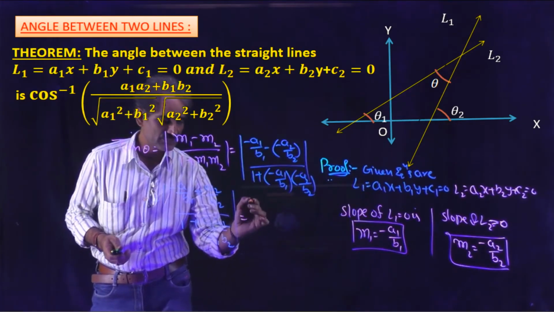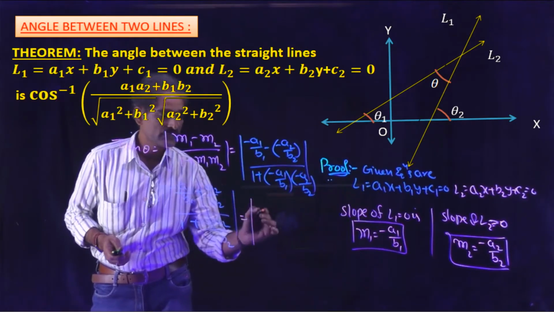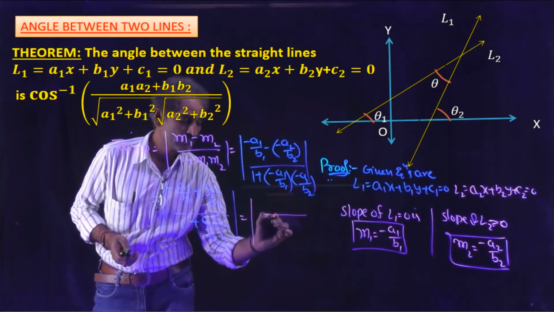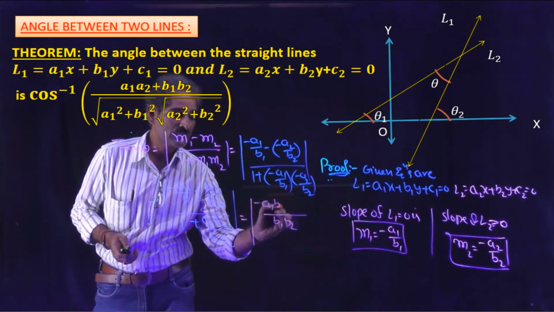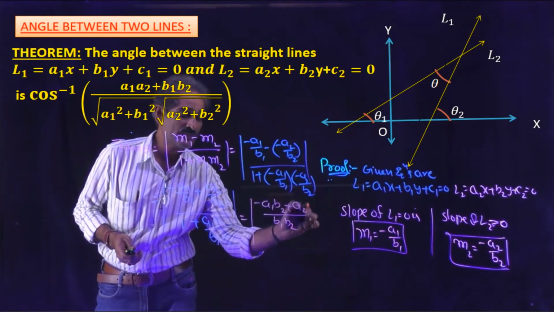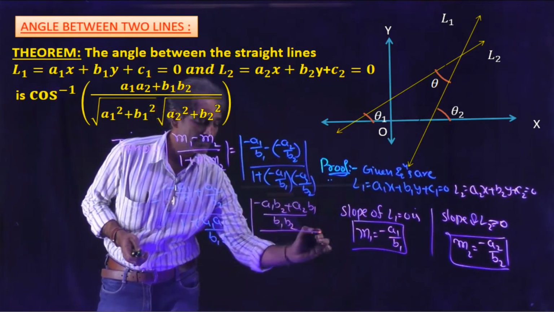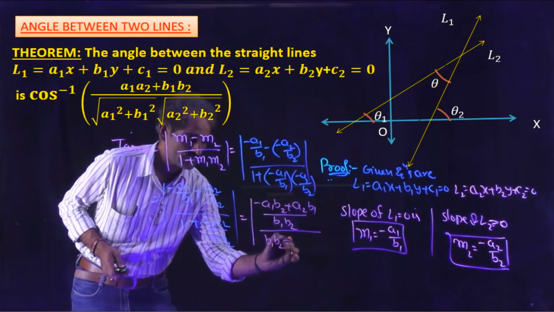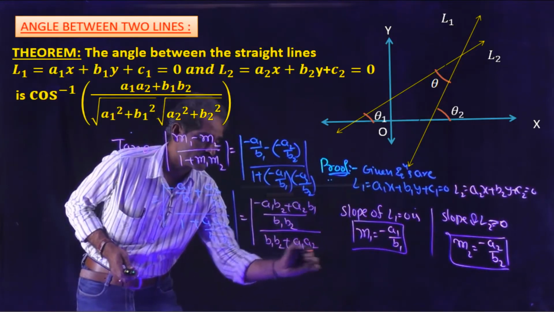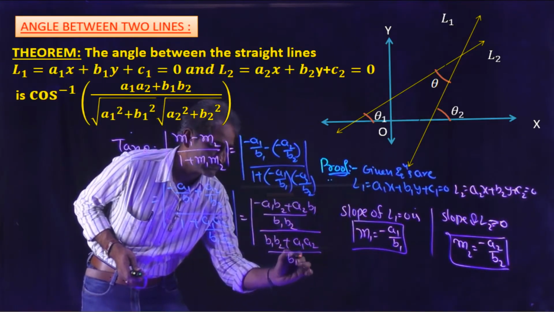Here the LCM is b1 b2. Minus a1 b2 plus a2 b1 whole divided by b1 b2 plus a1 a2 whole divided by b1 b2.